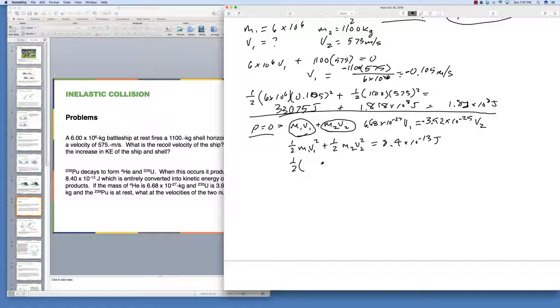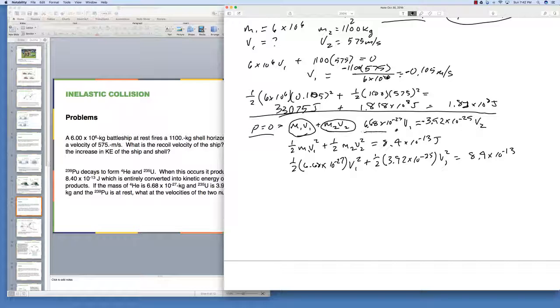So we have 1/2 times 6.68 times 10 to the minus 27 times V1 squared plus 1/2 times 3.92 times 10 to the minus 25 times V2 squared has to equal 8.4 times 10 to the minus 13.